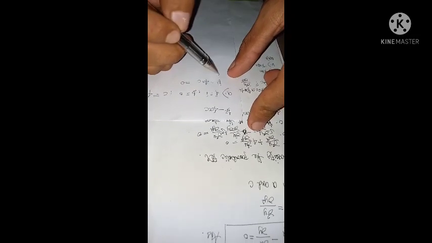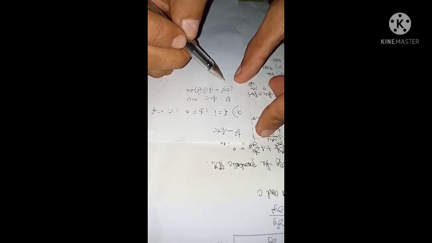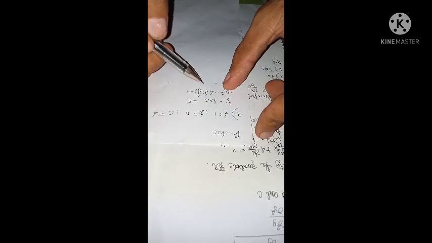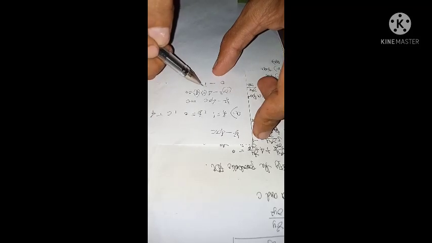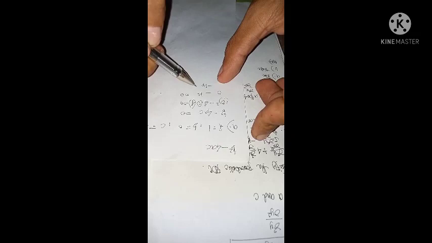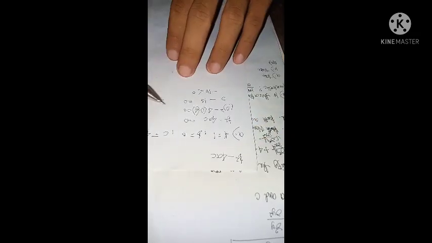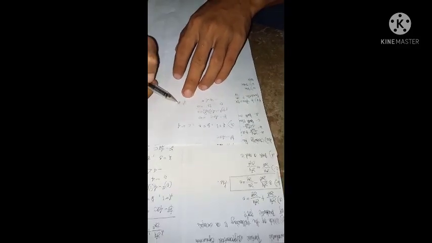So b here is 0. 0 squared minus 4 times 1 times 4 is 0 minus 16. So negative 16 is less than 0. Therefore this is not a parabolic.